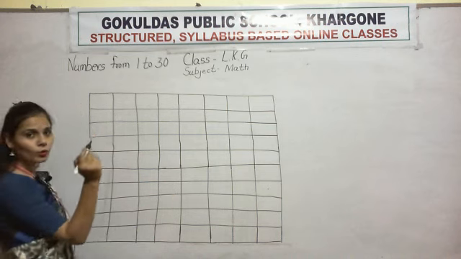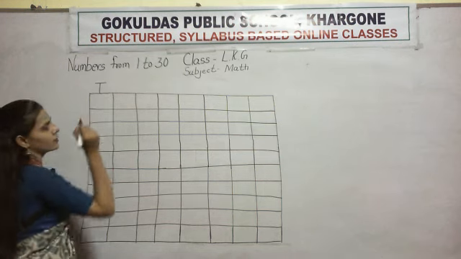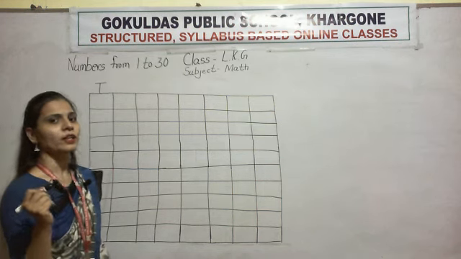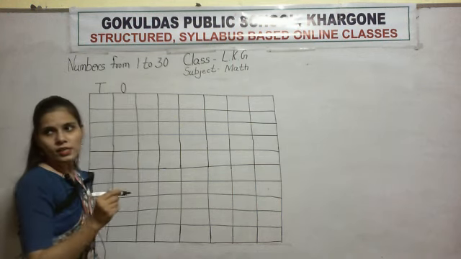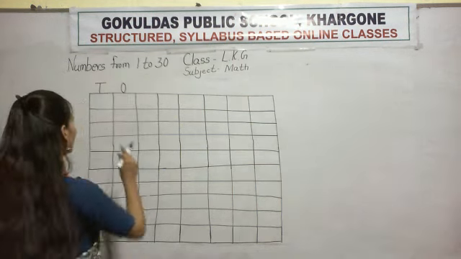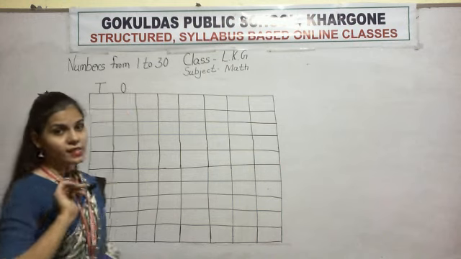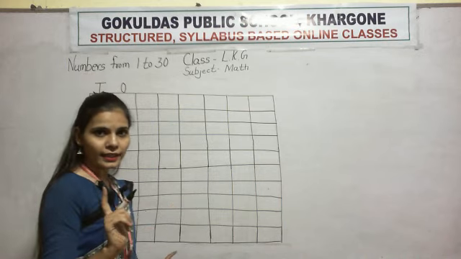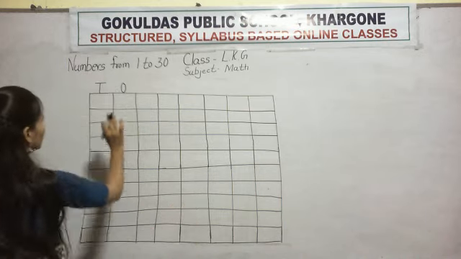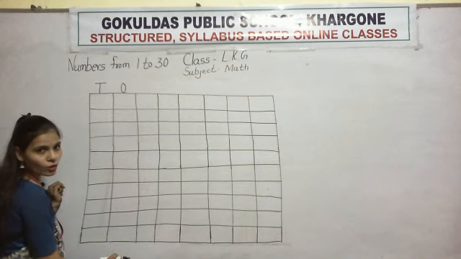On your notebook, first we write here T stands for tens, O stands for ones. Okay, tens and ones. We will start from ones column. Look carefully. Look here. We will start one from ones column.